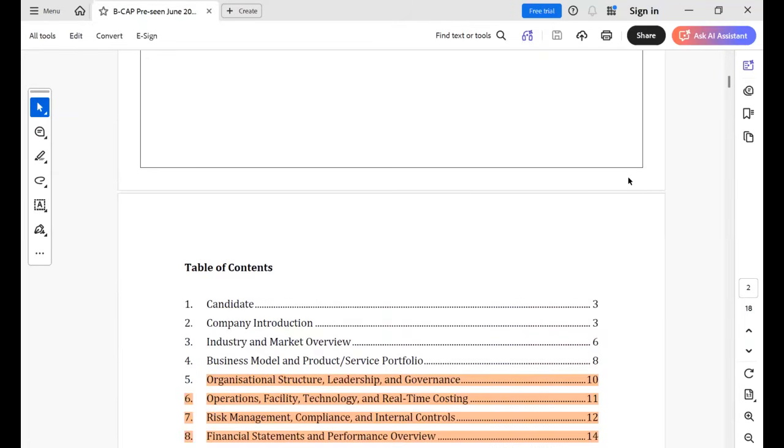Then you have to understand the nature of the case, whether it is a manufacturing company or a service oriented company. Having understood that, you blend your subject knowledge together and keep it in your mind, so you can decide while reading what issues are included in each and every step of the case.